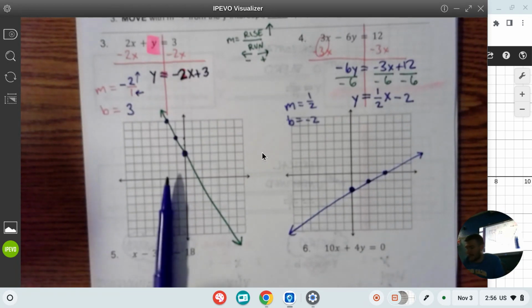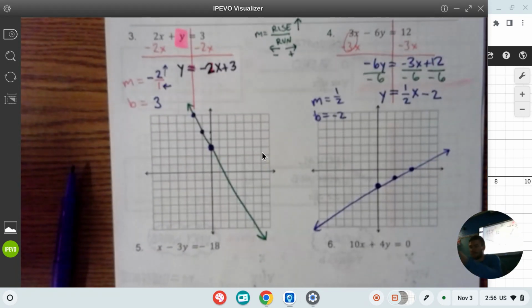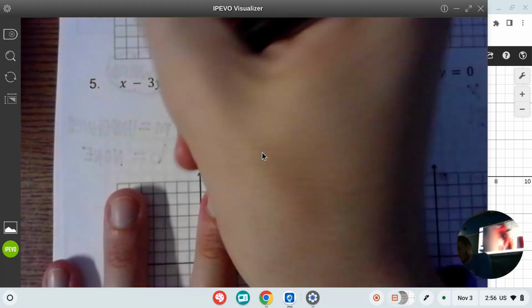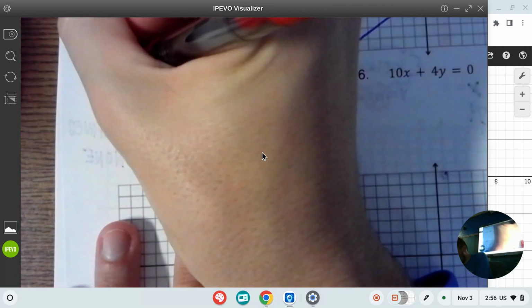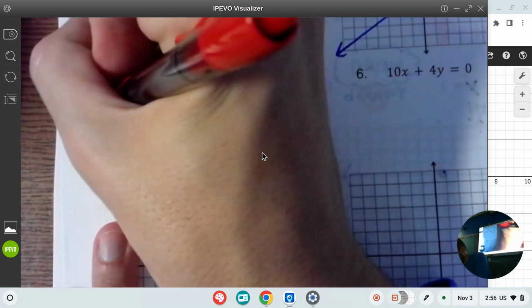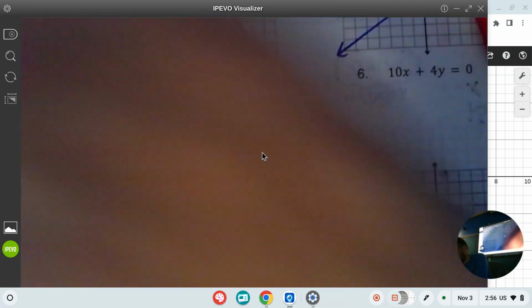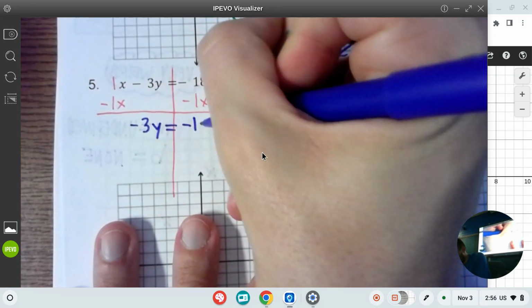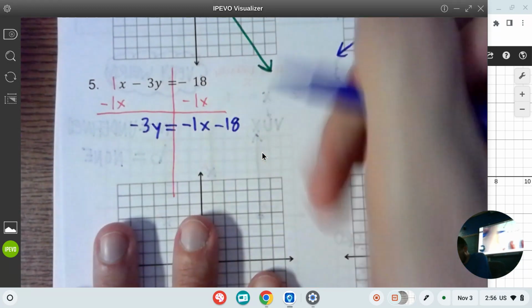All right, we got 2 questions left on the bottom. Line down the equal sign, we have 1x, so we're doing minus 1x on both sides. Negative 3y equals negative 1x minus 18.